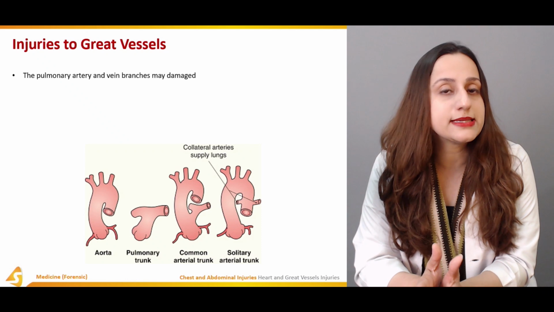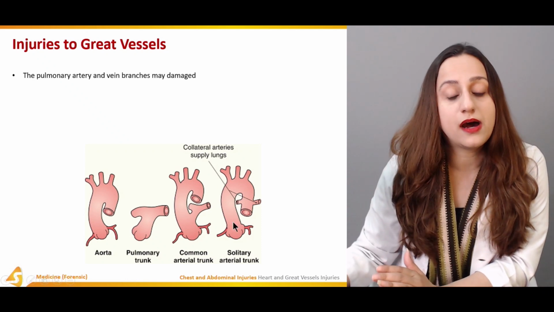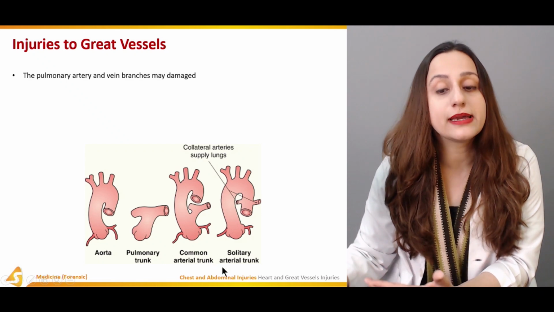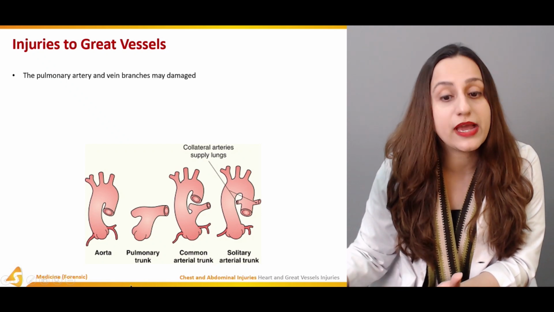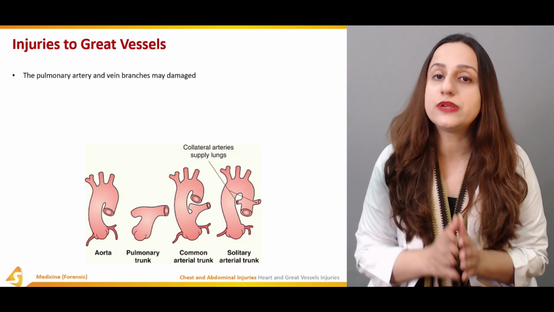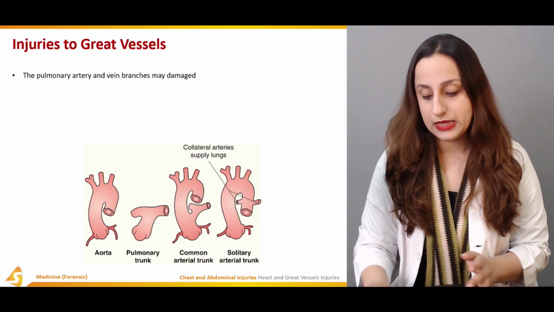The great vessels, as we were talking about, are these: the aorta, the pulmonary trunk, the common arterial trunk, and the solitary arterial trunk. So we have to keep all these trunks in our mind, and these can be damaged whenever we are referring to the injuries to the great vessels.